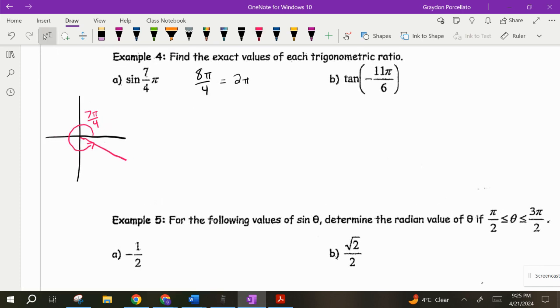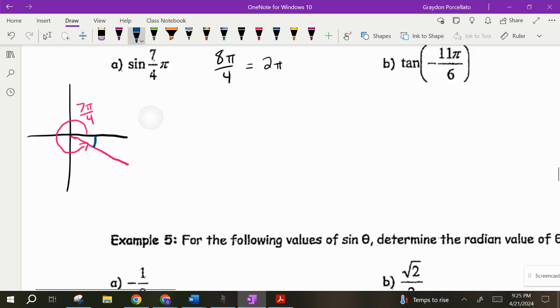So if 7 pi over 4 looks like that, what would our related acute angle be? Or that angle right in there? Think about it for a second. It would be pi over 4. Because one more pi over 4 would get us to 8 pi over 4, or 2 pi.